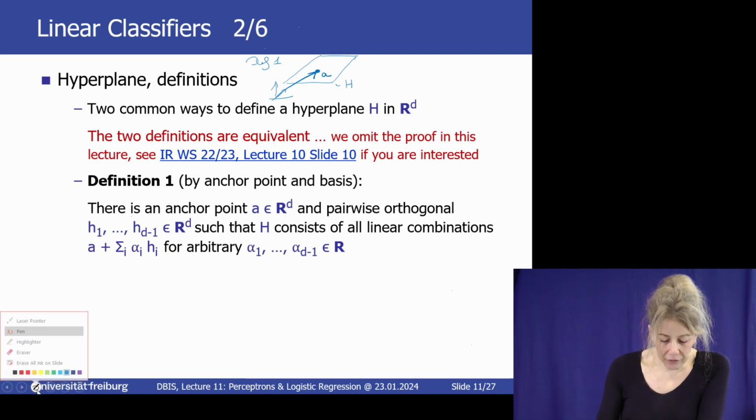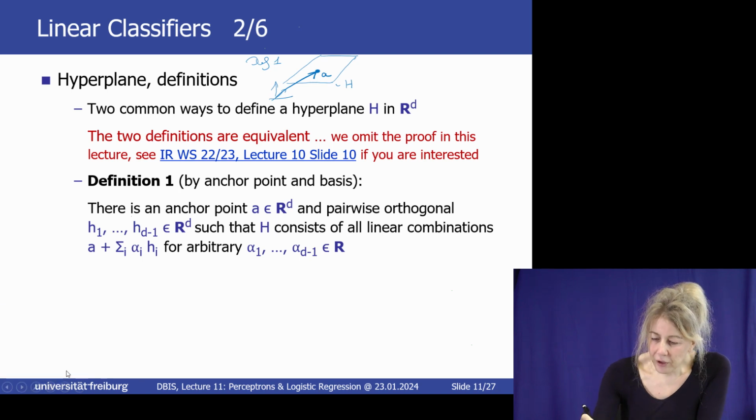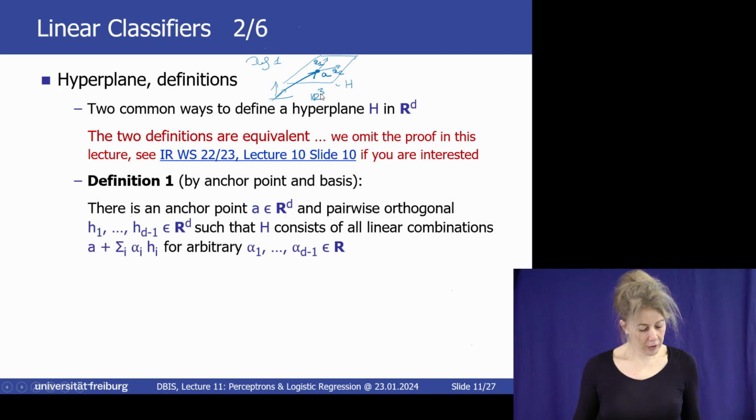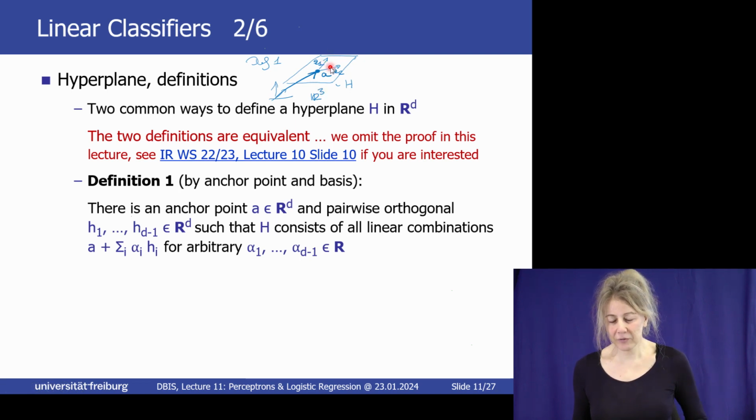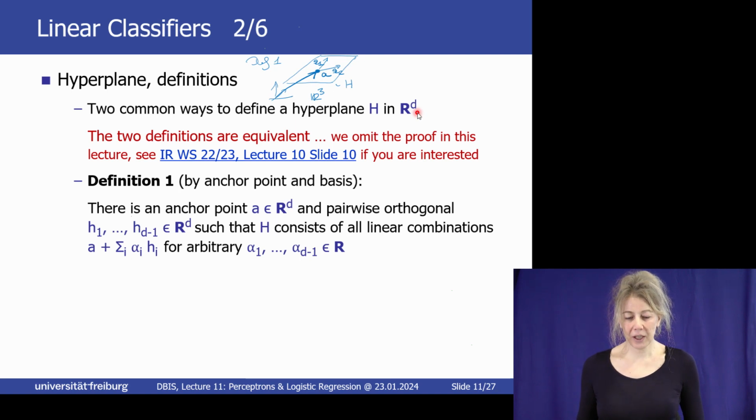And then I have 2 vectors in the plane, for example, this one, and let me call them H1 and H2. So here I have 2, because this picture is in 3 dimensions. If I want to describe a plane in 3 dimensions, I think this is even something you might have done in school. I have an anchor point here, and then I can write every point as this vector, this point on the plane, plus some linear combination of H1 and H2.